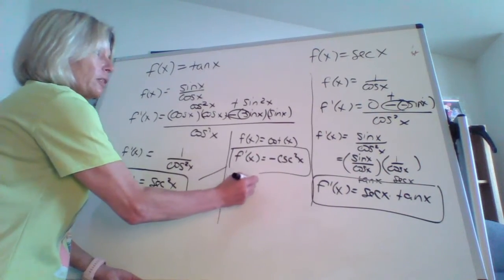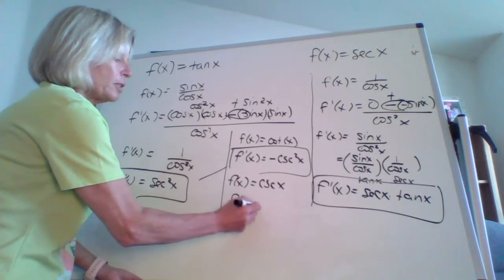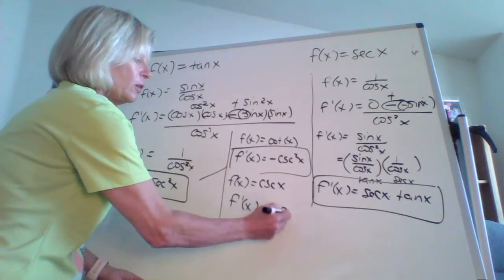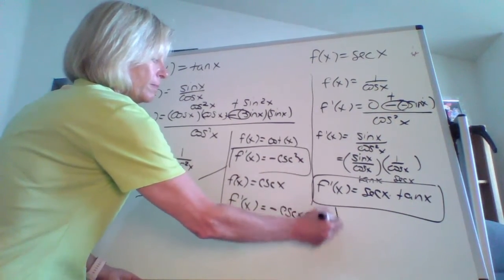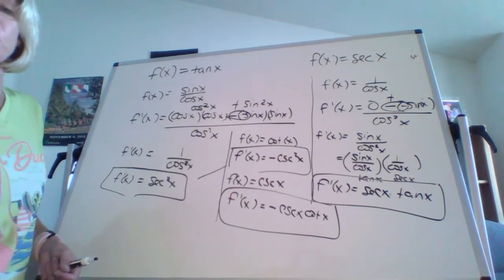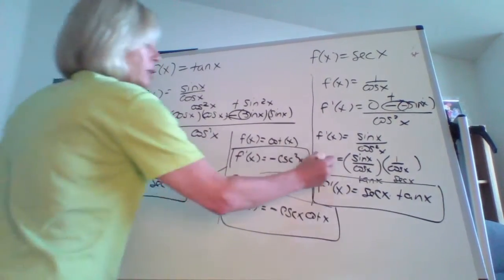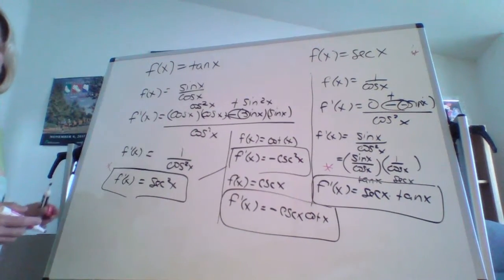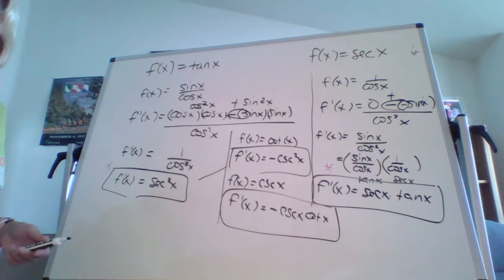If f of x is cosecant x, f prime of x is negative cosecant x cotangent x. But for what's coming up, these are the two that get used the most. So those are the two you should focus on remembering.